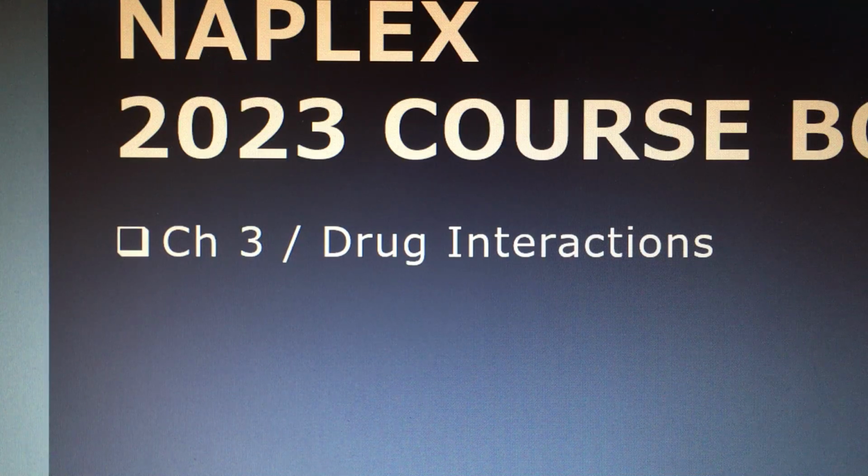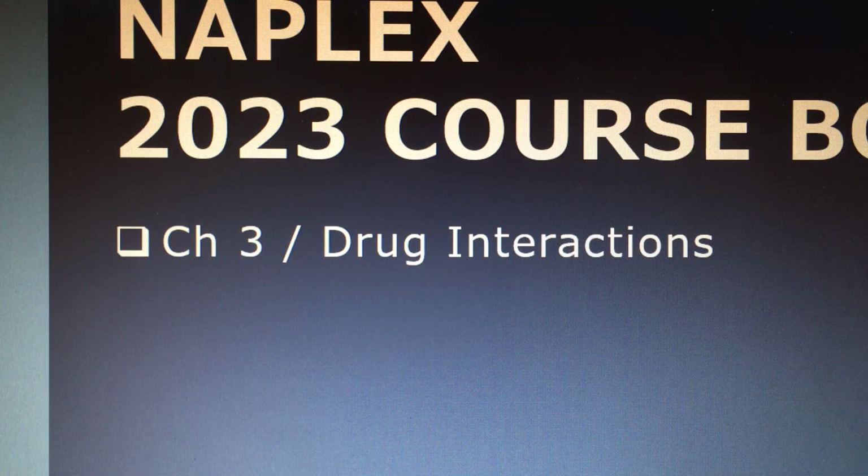So we can look at the chart here, and it's looking at common cytochrome inhibitors involved in drug interactions. So we're looking at grapefruit. We're looking at protease inhibitors, especially ritonavir, but many protease inhibitors are potent inhibitors.